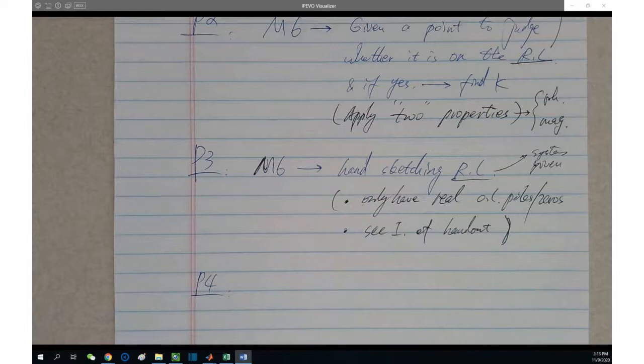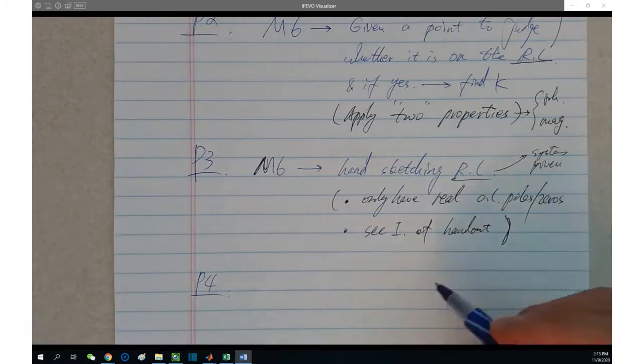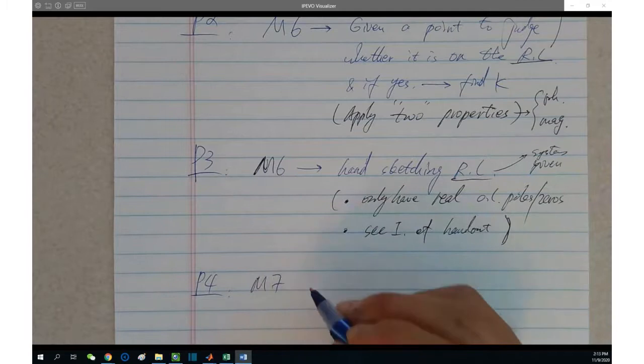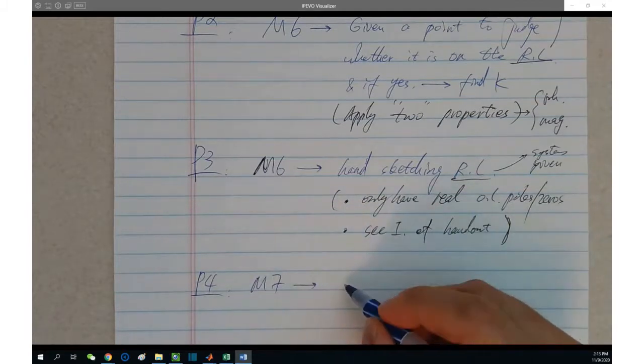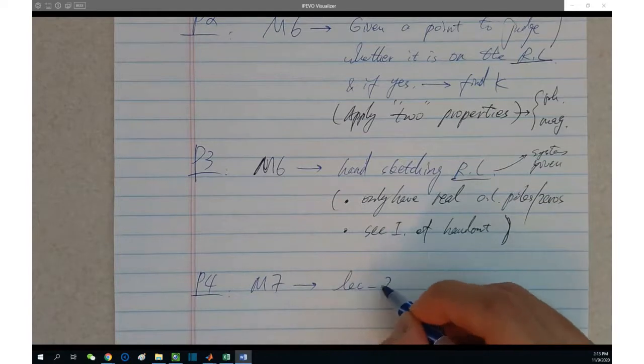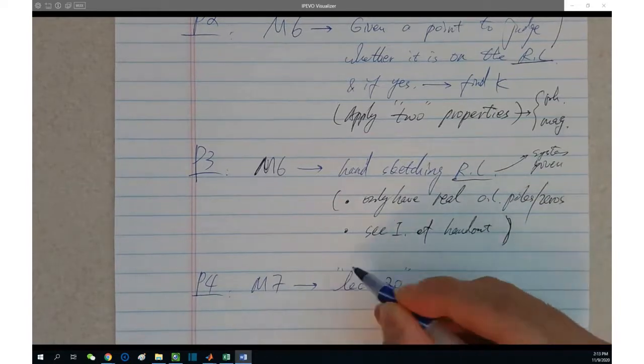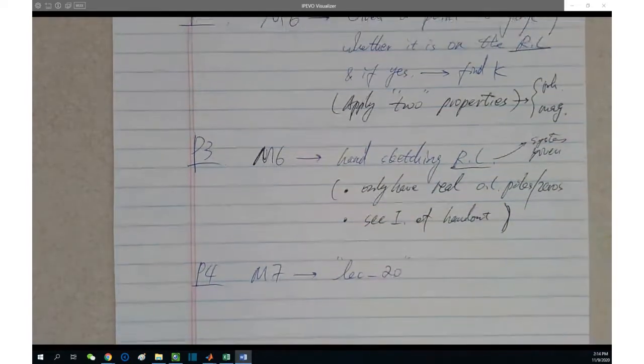This is problem 3. Problem 4. This is something we haven't yet done, so just wait for the next lecture, lecture 20, which is this Wednesday.